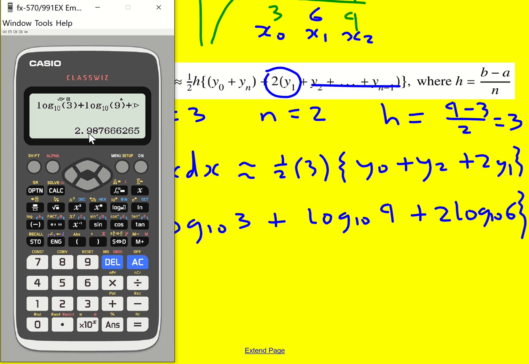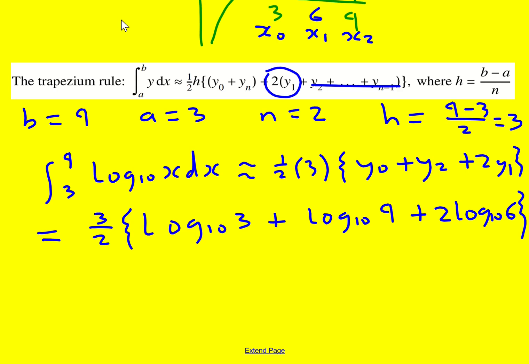So it's going to be, times this by 3/2. 4.4814. Which to 3 significant figures will become 4.48.